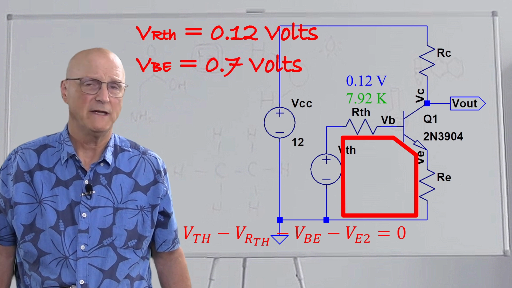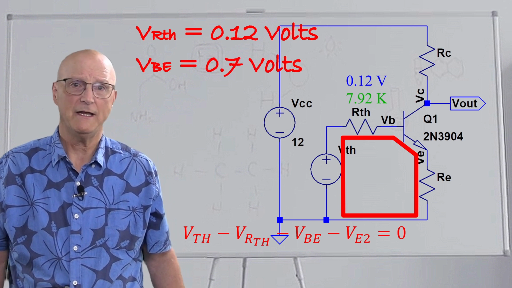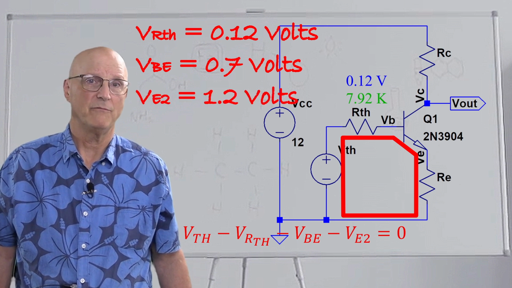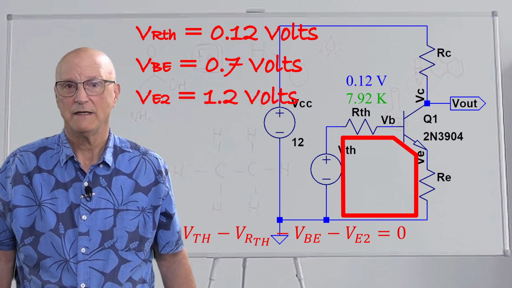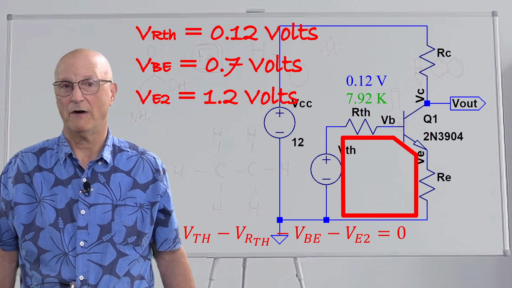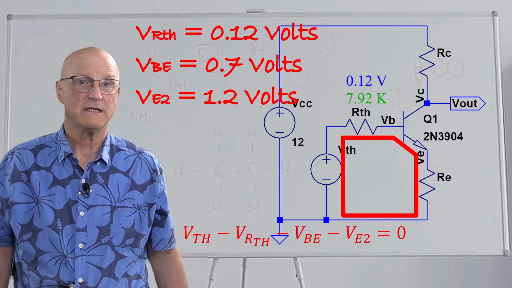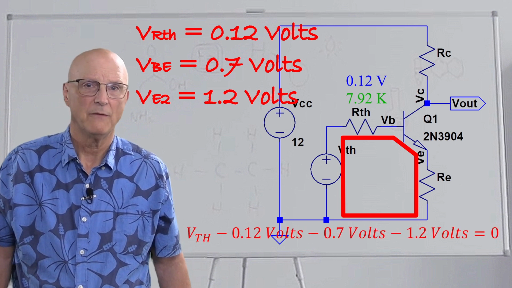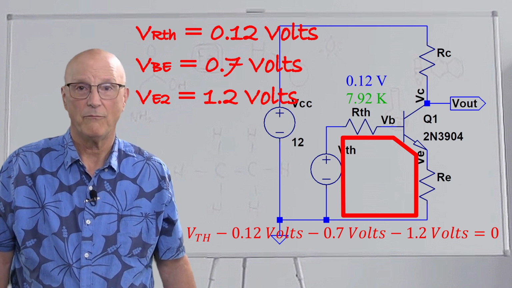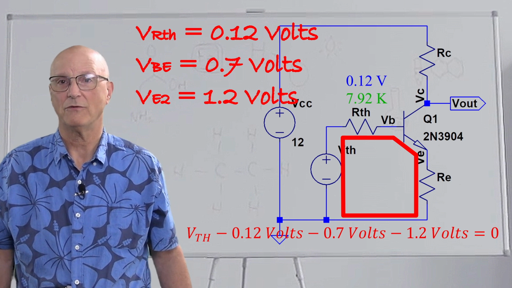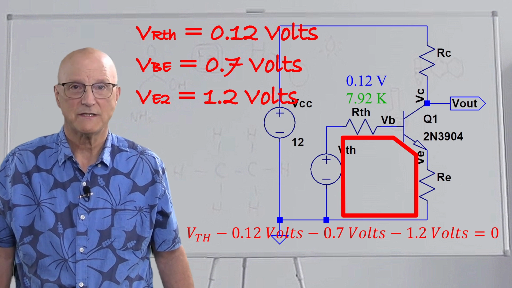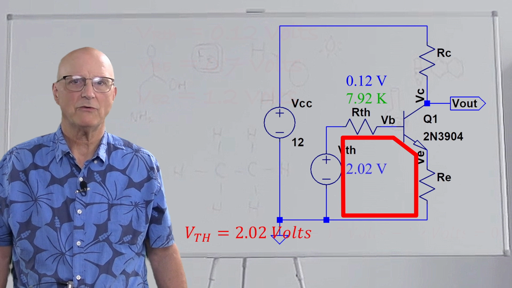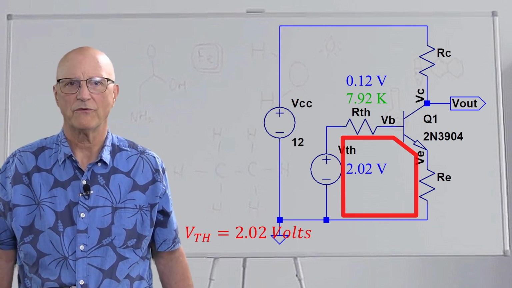The base emitter voltage, VBE, is 0.7 volts from our standard model. And the emitter voltage, VE2, is 1.2 volts from our rule of thumb. This gives us V Thevenin minus 0.12 volts minus 0.7 volts minus 1.2 volts is equal to 0. Rearranging and solving for V Thevenin, we get that V Thevenin is equal to 2.02 volts.